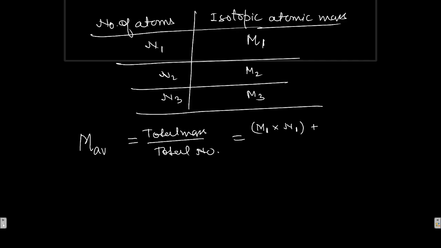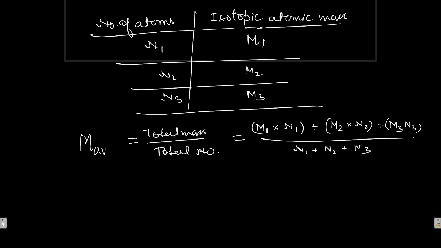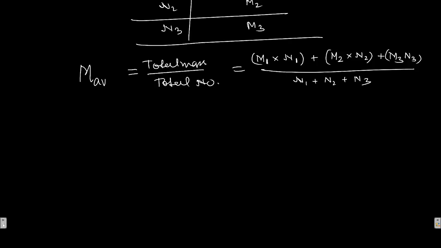The same thing is here, one atom has mass M2. Since the number of atoms is N2, so M2 into N2, the same thing is here, M3 into N3, divided by total numbers, so N1 plus N2 plus N3. So the first cause of the fractional atomic masses is the isotopes. The element is a mixture of its isotopes.